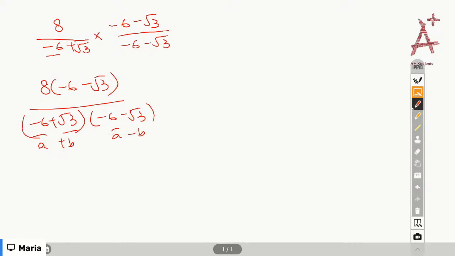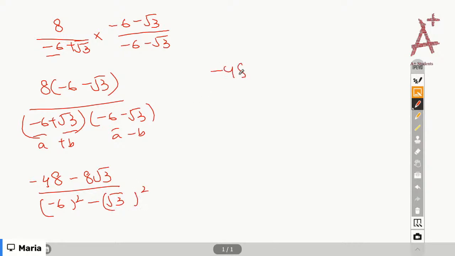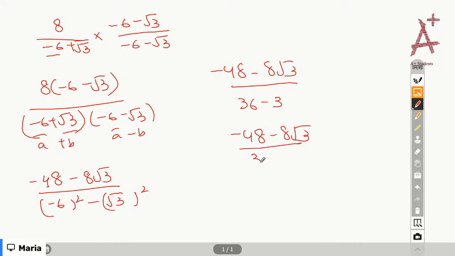So whenever you have a plus b, a minus b, it would be a squared minus b squared. So 8 times negative 6 is negative 48, negative 8 square root 3, divided by negative 6 squared minus square root 3 squared. So it would be negative 48 minus 8 square root 3 divided by 36 minus 3, which is 33. Got it? That is the correct option.